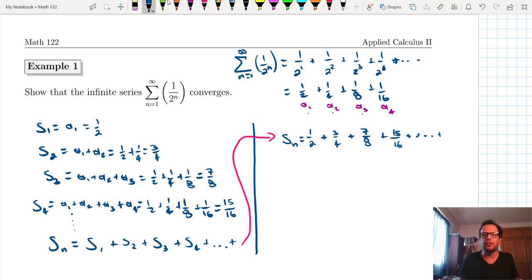So this is what we're going to do. Looking at the denominators, do you see how they start increasing? 2, 4, 8, 16. Let me rewrite this: 2, 2 squared, 2 cubed, 2 to the fourth.